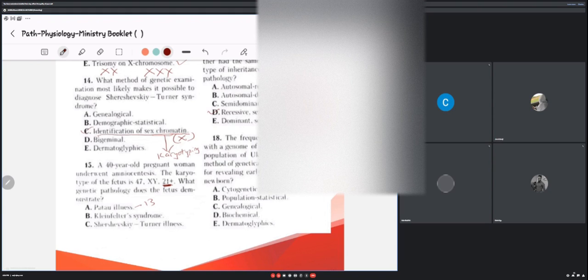Because it is a chemical substance, you rather go for the biochemical method of analysis. Cytogenetic would mean you're trying to analyze the cell, but phenylketonuria is not a cell problem. Population statistics is just trying to take overall statistics. When you're trying to investigate the phenylketonuria itself, that's the substance itself, so biochemical analysis is what you should go for.